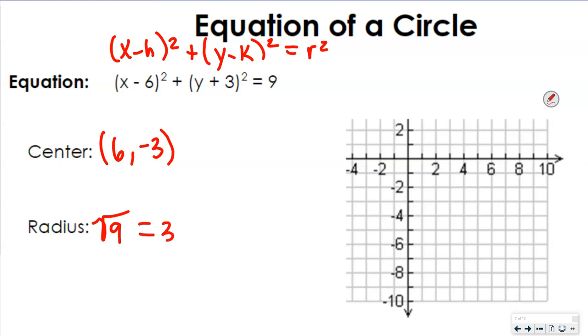Here we're going to count 6 over and 3 down. That's our center right there, and we're going to go 3 out from there: 1, 2, 3 in each direction. Again, do your best to draw the circle. It's not the best, but you guys get the idea.